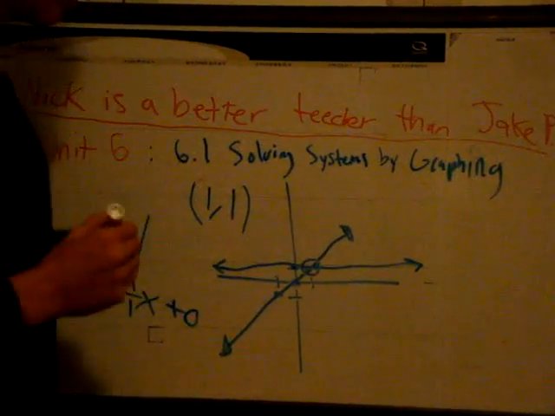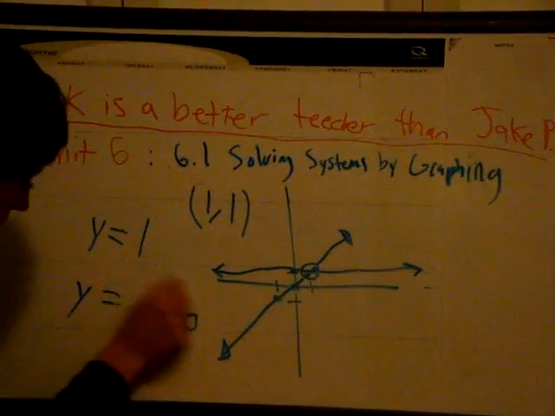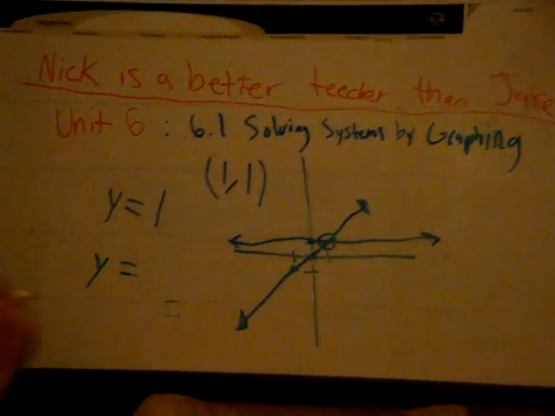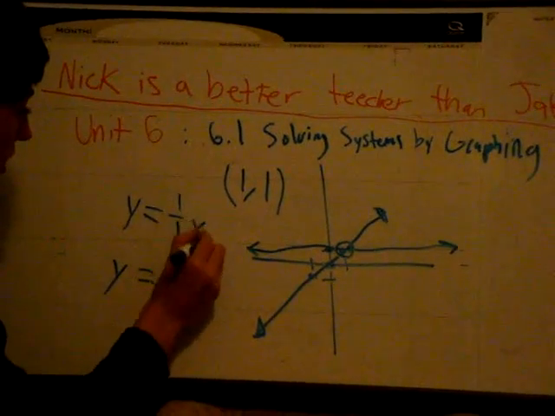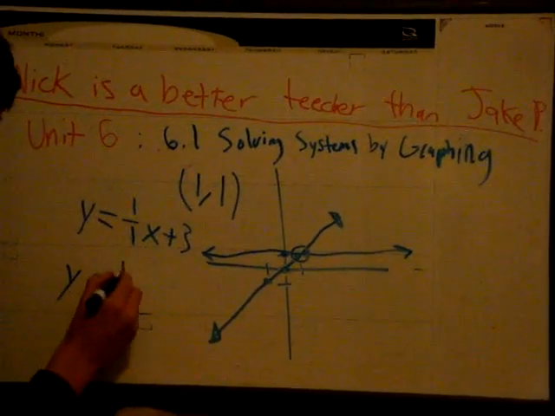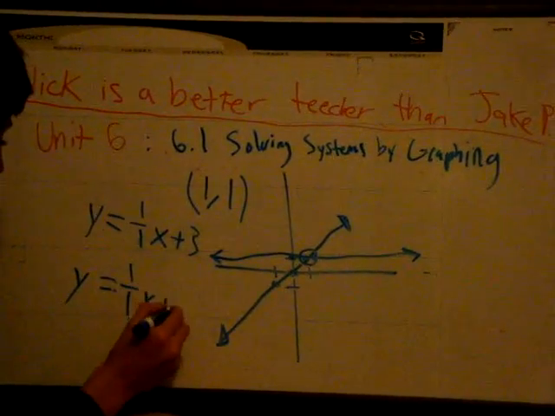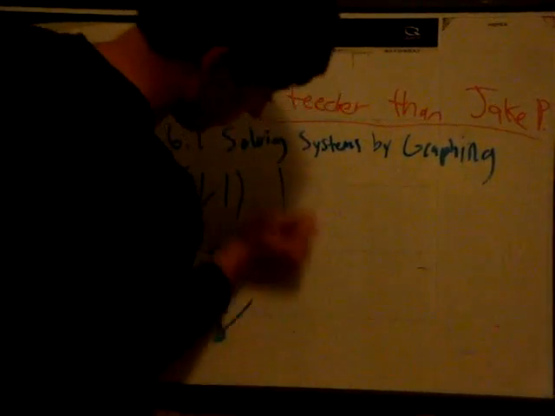Now let's do another example. Say you had y equals 1 over 1 x plus 3, and then y equals 1 over 1 x plus 2. Let me do this graph again.